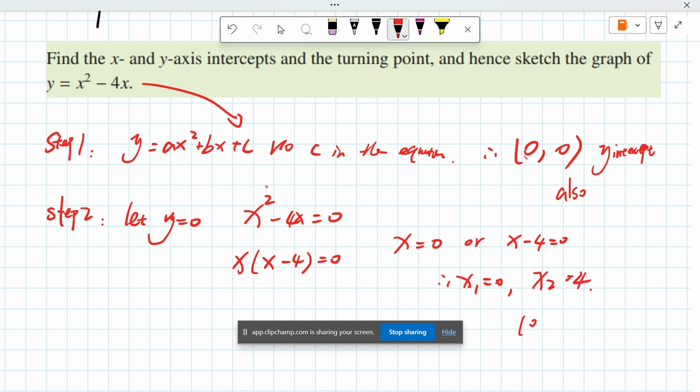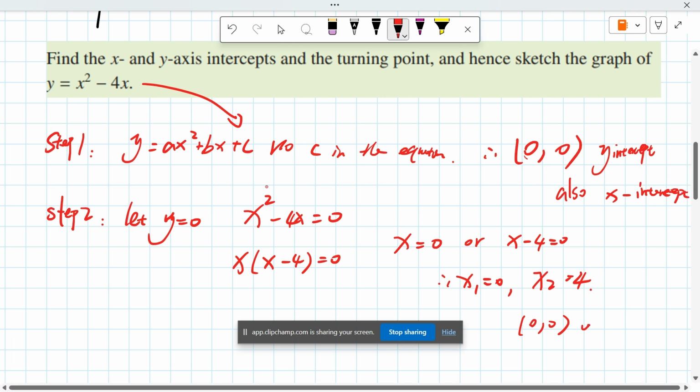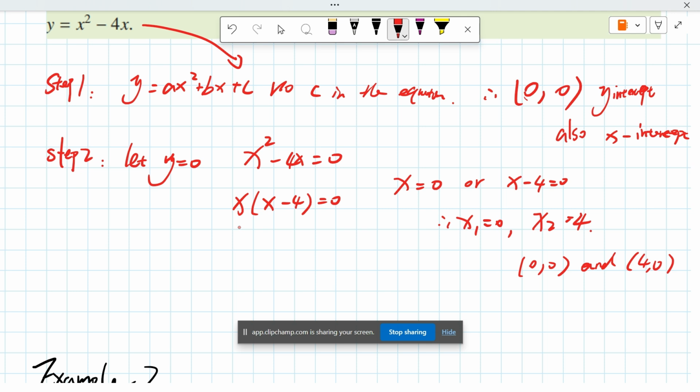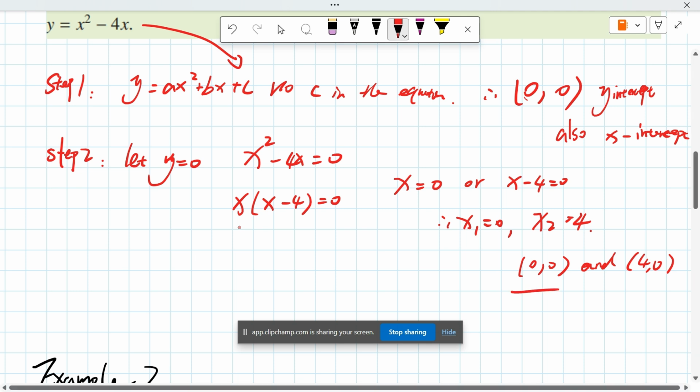So (0, 0) is an x-intercept as well, and (4, 0) is the other x-intercept. So we find the two x-intercepts.